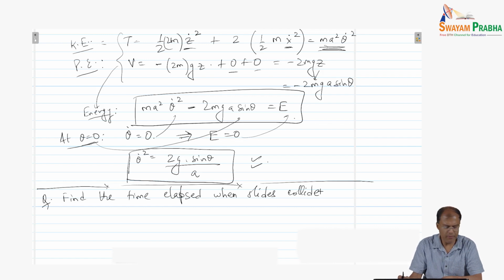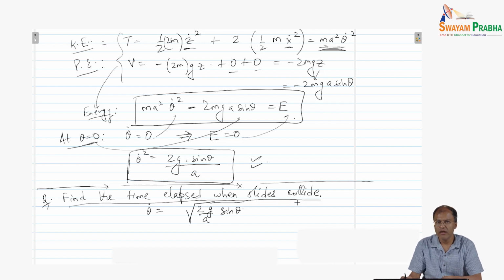We see that theta dot is square root of 2g by a times sin theta, with everything under the square root. So when are the sliders going to collide? This happens when theta is equal to 90 degrees.